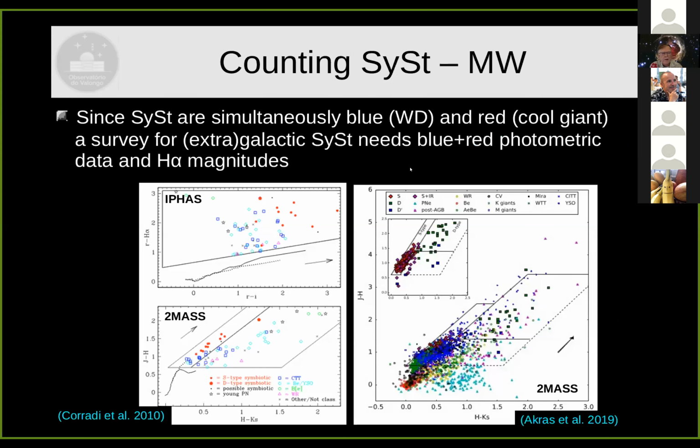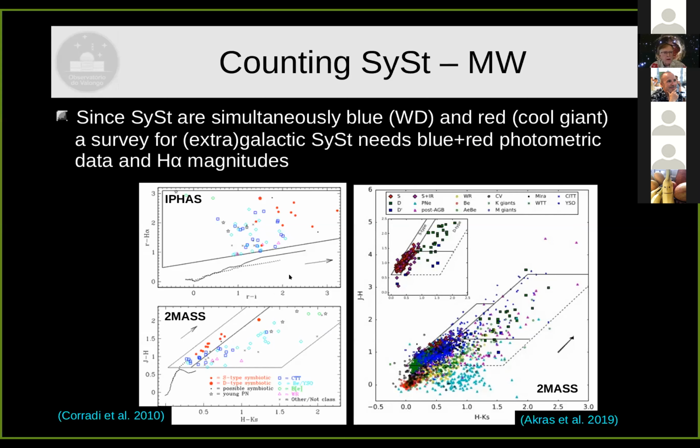The way these objects are found is by using optical and infrared color diagrams in which you have emission lines like H alpha, and then broadband photometry.